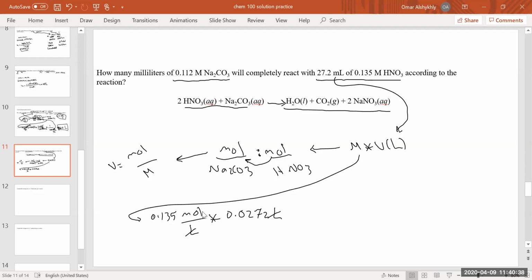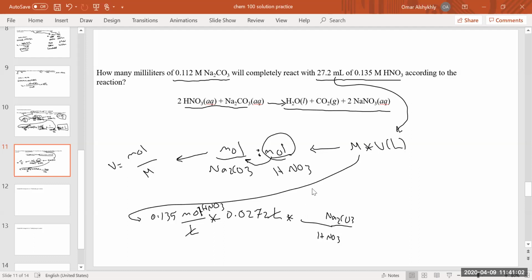Don't forget, here we have the mole of HNO3. Now I will use the mole-to-mole ratio between HNO3 in the bottom and Na2CO3 in the top.